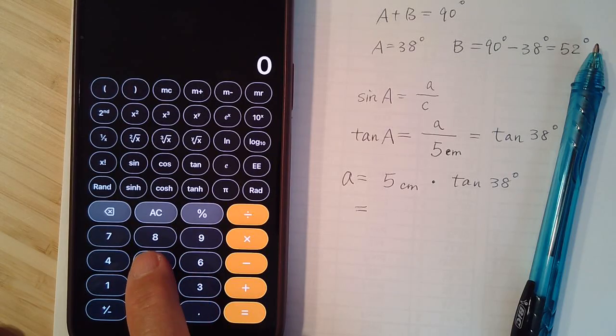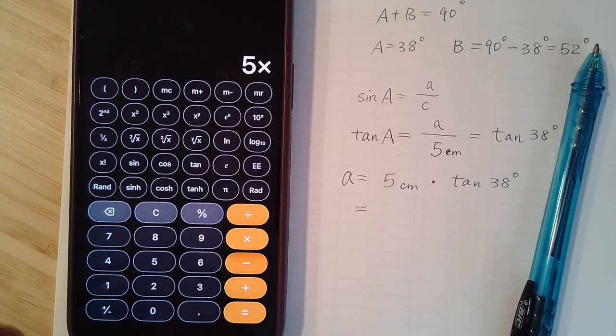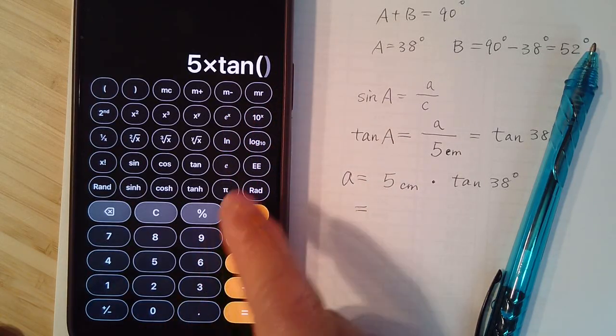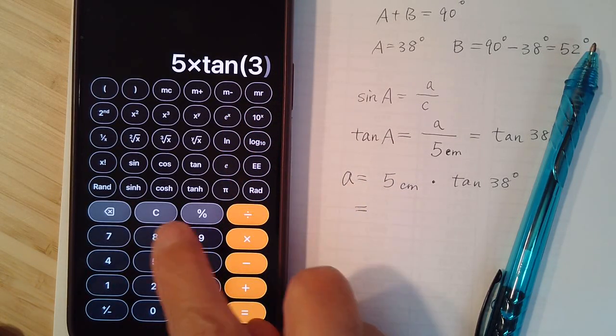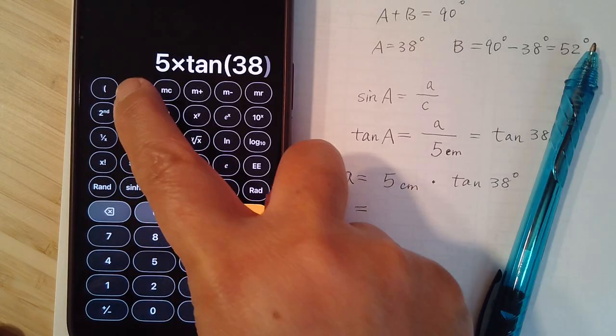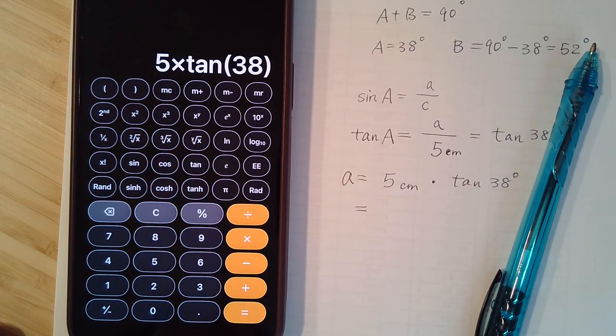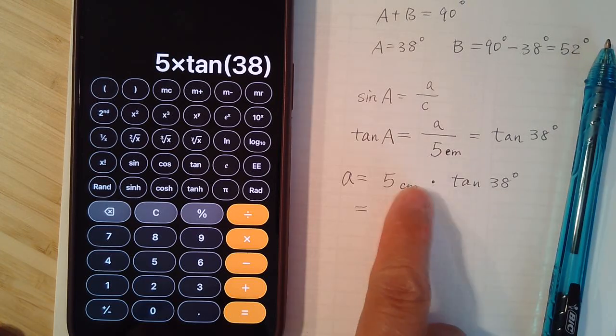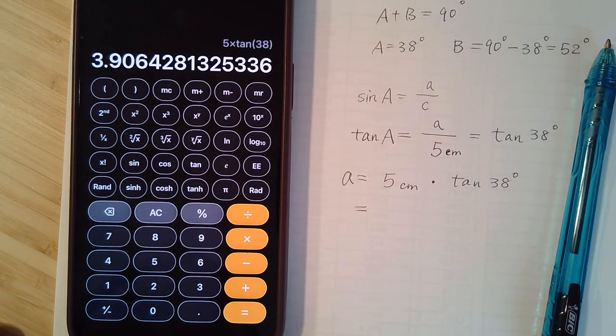So it's going to be 5 times tangent. After you hit tangent, it automatically gives you the open parenthesis, and you just put 38, and don't forget to close that. Okay, so that's 5 times tangent 38, with the unit of centimeter, you hit equal.